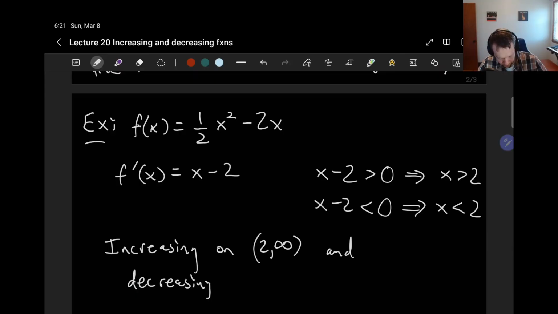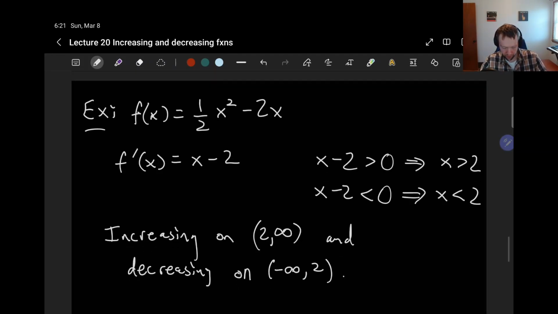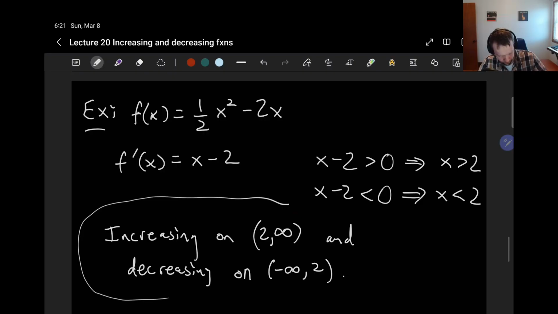And decreasing on negative infinity to 2. It's everything less than 2. So we can determine this without even needing to look at a graph.